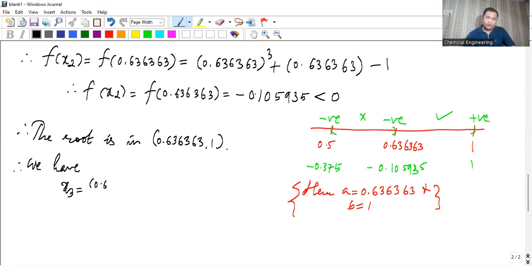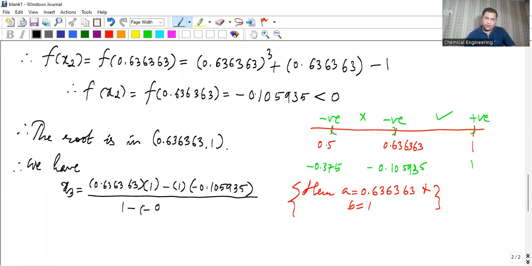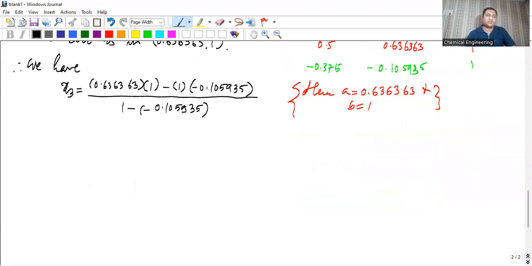So we got 0.636363 into 1 minus 1 into minus 0.105935, upon 1 minus minus 0.105935. Now let us calculate what this value is, and so we have to calculate f of x3.